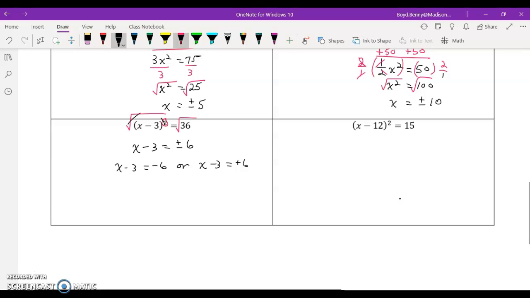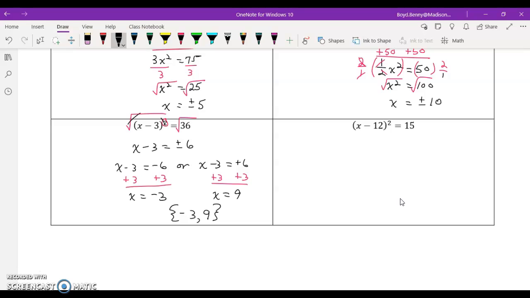Okay? And then we'll finish solving these two one-step equations by adding 3 to both sides. And so when I do that, I end up with x equals negative 3 for one solution. Then I'm going to add 3 to both sides over here. And I find out that my second solution is x equals 9. And so that's going to give me the solution set of negative 3, comma, 9. Okay, now does that work?